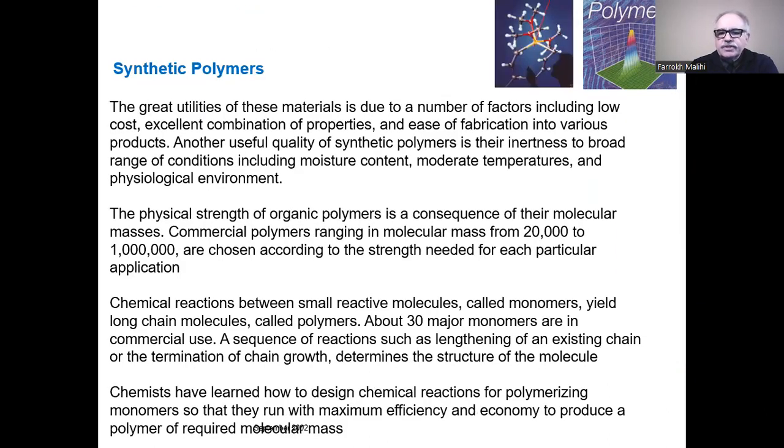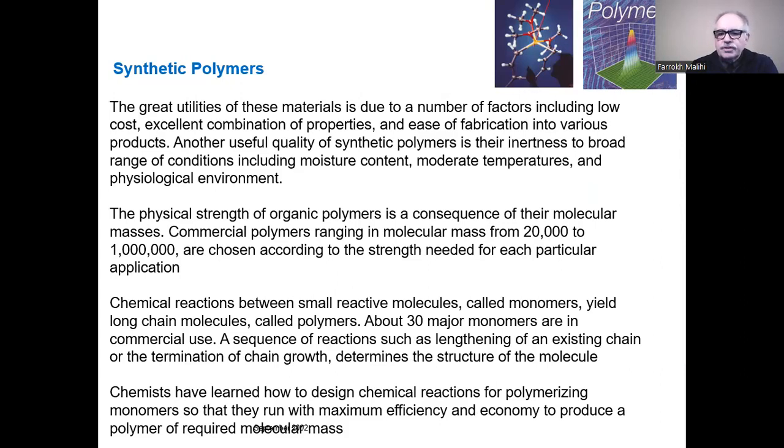The great utility of this material is due to a number of factors, including low cost, excellent combination of properties, and ease of fabrication into various products and applications.